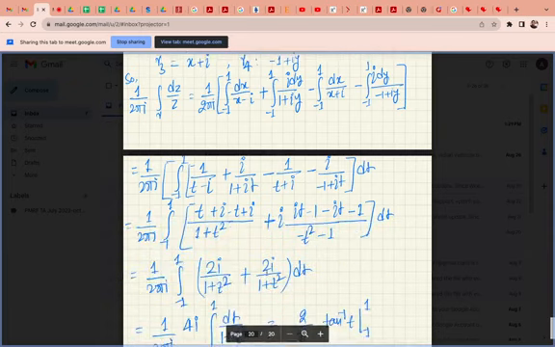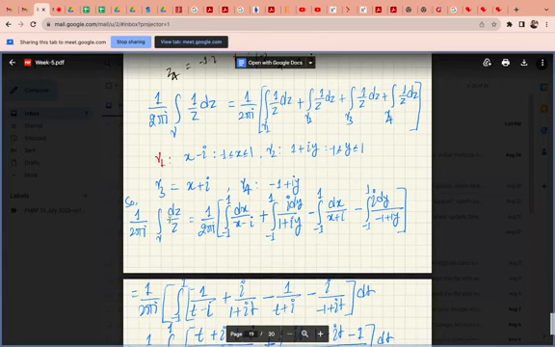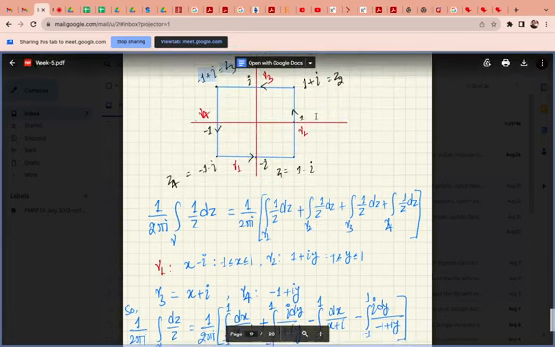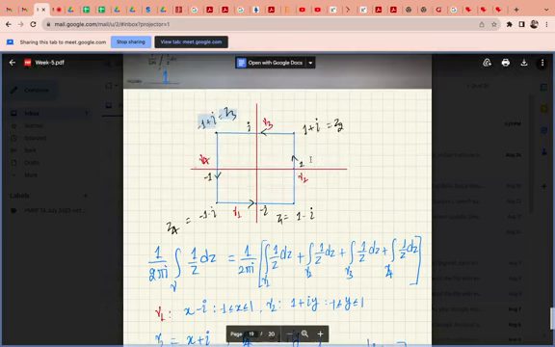So this integral, 1 upon 2 pi i integral over gamma dz by z, is equal to 1 upon 2 pi i times the integral from minus 1 to 1 dx upon x minus i, plus the integral from minus 1 to 1 i dy upon 1 plus iy, and again minus the integration. So why are we getting minus 1? Because we are taking the negative sign, because we are retracing the curve.